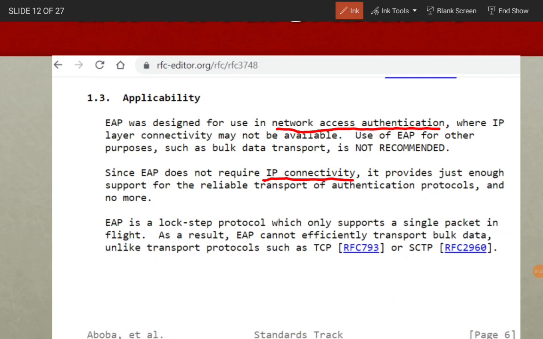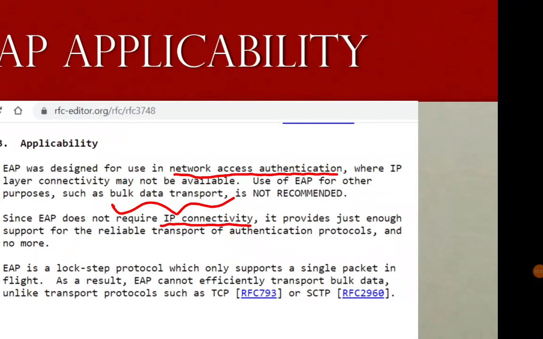It could be used for bulk data transport, but it is not always recommended because it does not depend on IP layer connectivity. EAP is mainly designed for network access authentication, where we cannot have IP layer connectivity. Because of that, we cannot recommend EAP for bulk data transport.